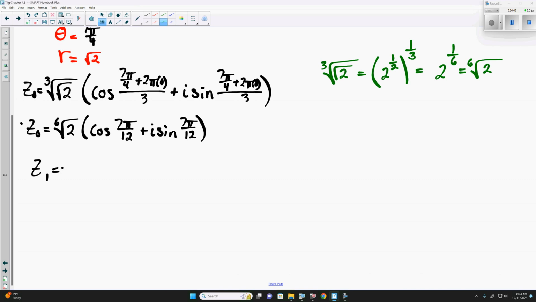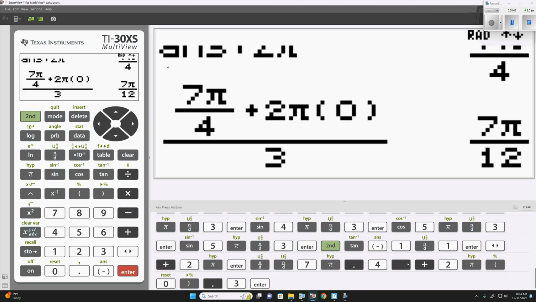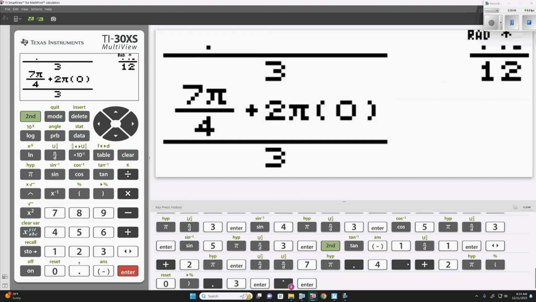z sub 1. It's still going to be the 6th root of 2. But as we've seen on the last few, the only thing that's changing from one to the next is that it's not going to be 0 inside our angle anymore. It's going to be 1. So we'd have the 6th root of 2 times cosine of (7 pi over 4 plus 2 pi times 1 over 3) plus i sine of the same angle.